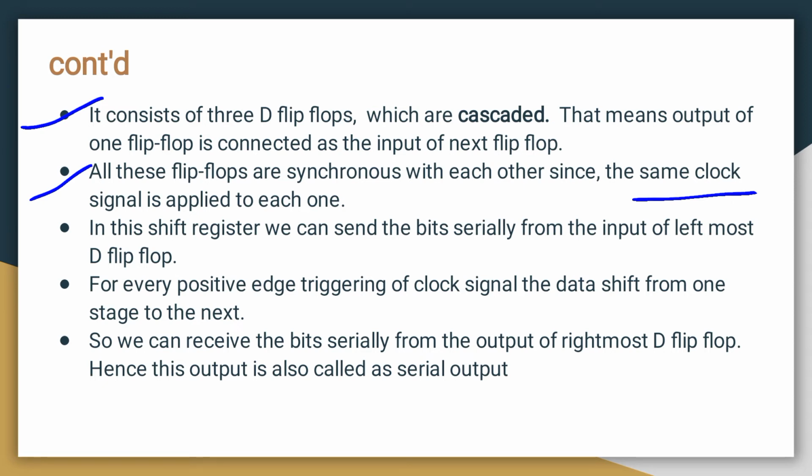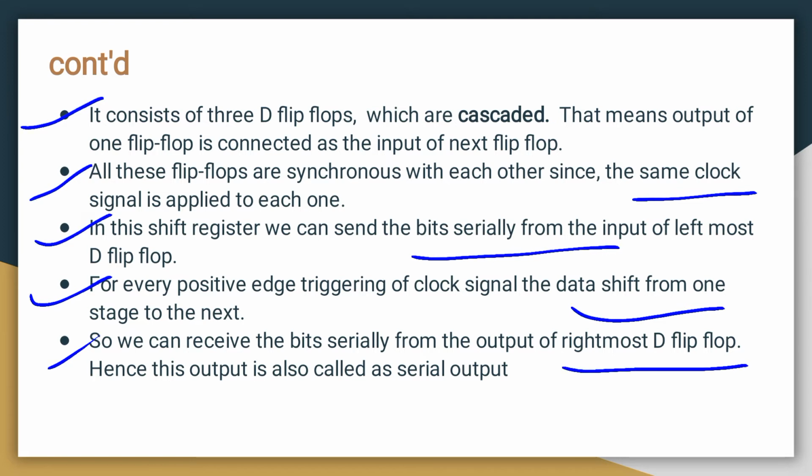In this shift register we can send the bits serially from the input of the leftmost D flip-flop. On the positive edge it will trigger and shift the content from one stage to the next. So we can receive the bits serially from the output of the right side D flip-flop. Hence this output is also called a serial output. So this is about the serial in, serial out shift register.